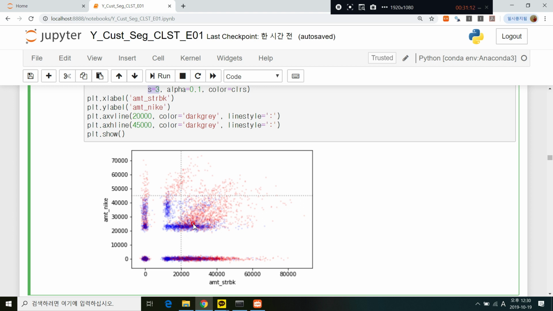But we chose the grid-based segmentation. Grid-based segmentation is doing something like this. You pick one dimension and then you split the space into two, and then you split again in the next dimension. Then you can get some divided subset areas from the entire space.